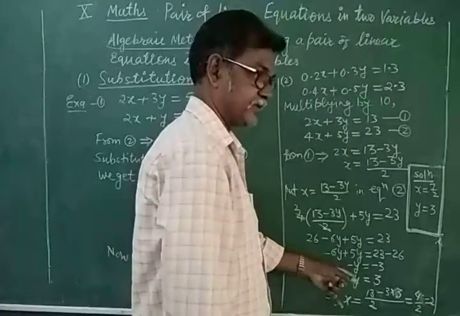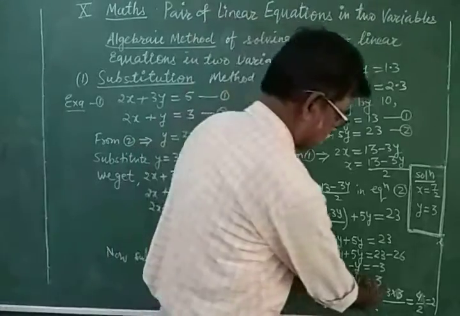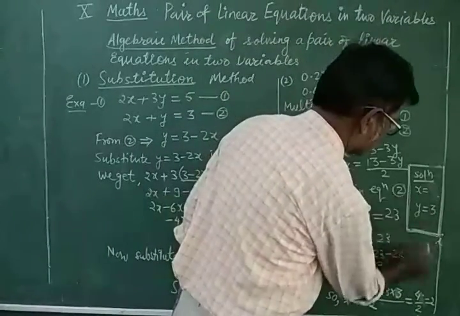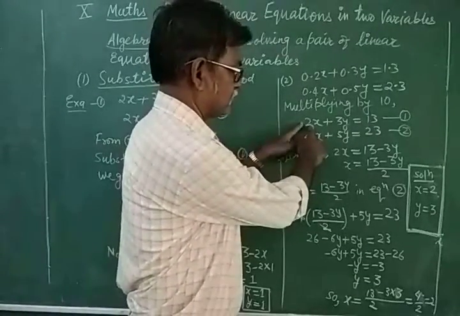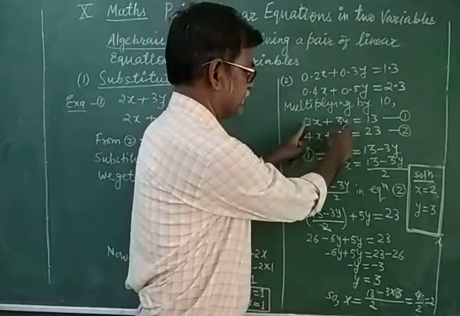Some mistake here, so I made it correct. So it is 4, it is 2. Now check. 2 into 2, 4, plus 3 into 3, 9.